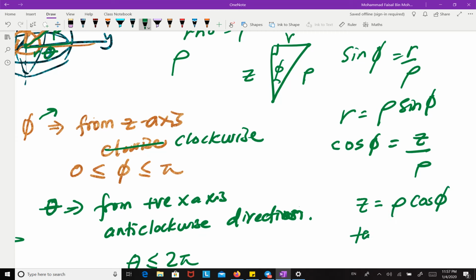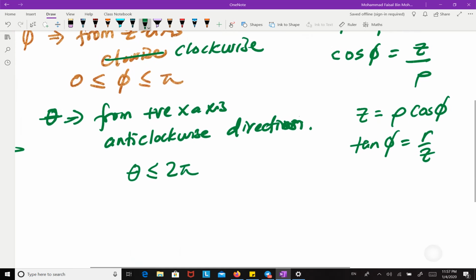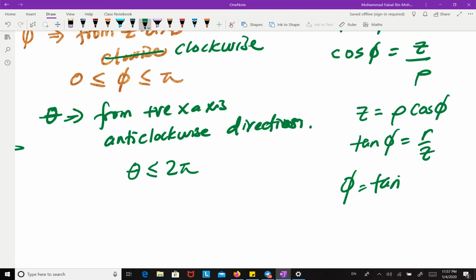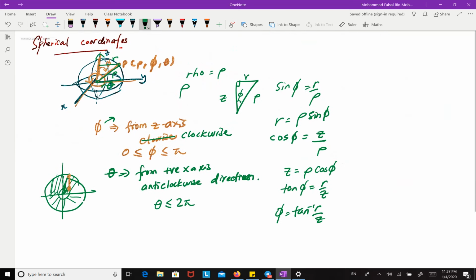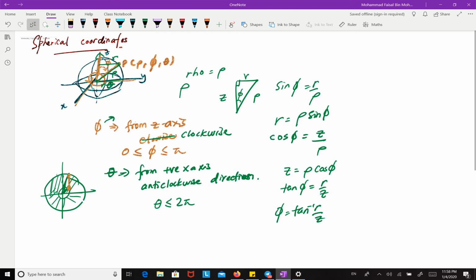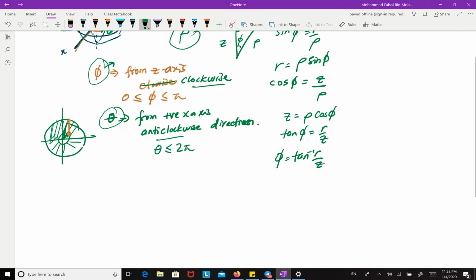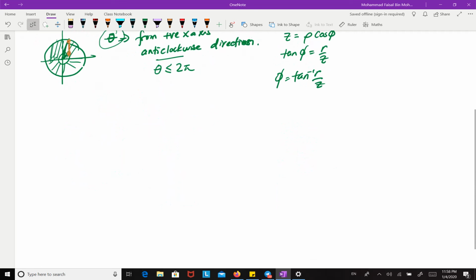Then tangent phi will be R over Z, so phi is the inverse tangent of R over Z. Remember, rho is regarding the radius, phi is regarding the positive Z axis, theta starts from the positive X axis and it is anti-clockwise. For phi, it is clockwise.